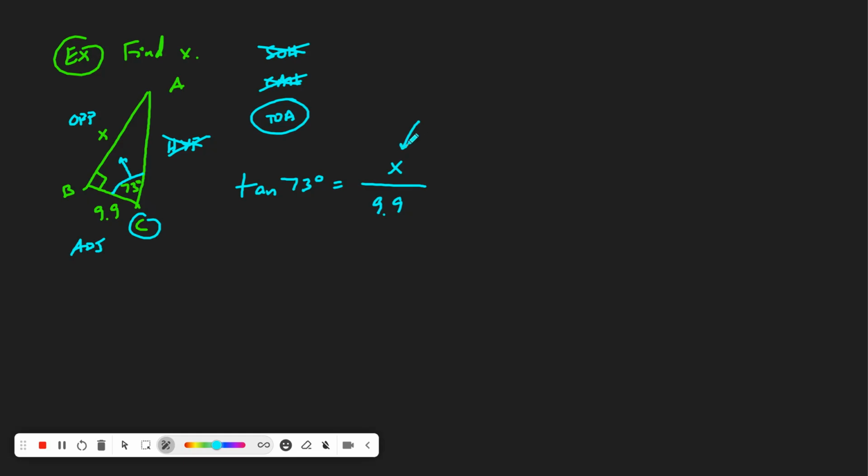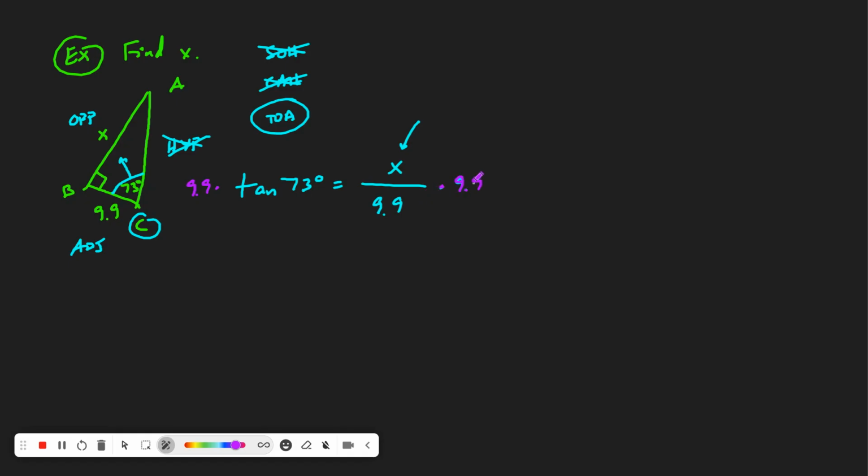So now, how are we going to solve this for X? Well, I see a fraction on the right-hand side. To get rid of this fraction, we're going to multiply by its denominator. This is the first step in any of these problems. Once you set up the equation, we're going to multiply both sides by this denominator. So times 9.9. Let me do this in a different color, purple. Times 9.9, times 9.9.